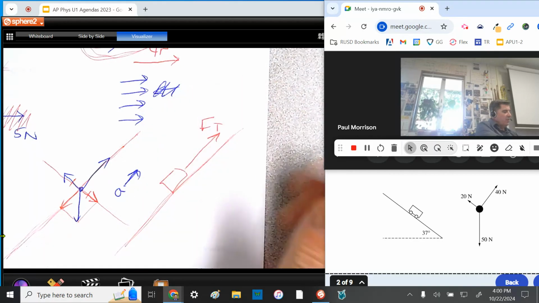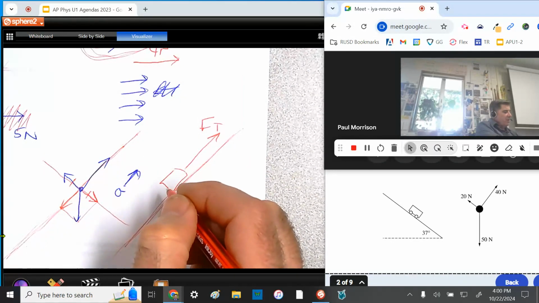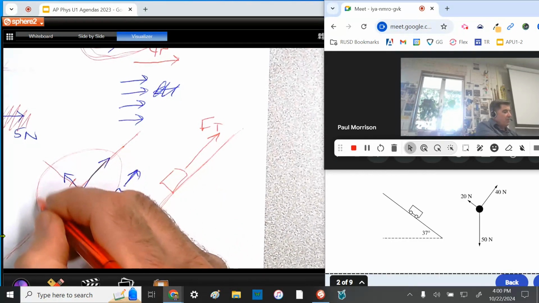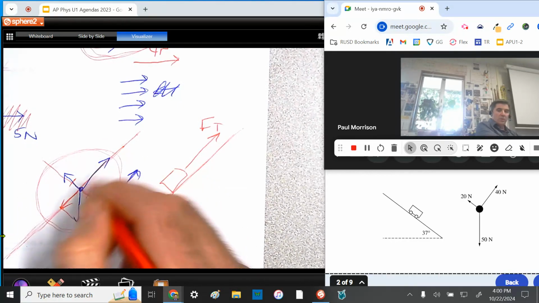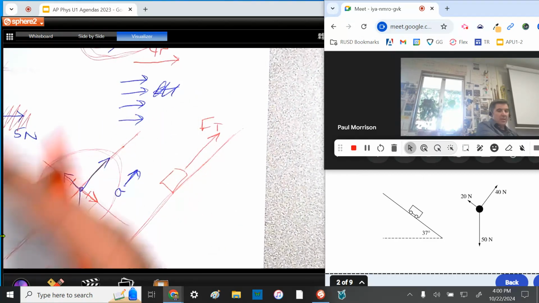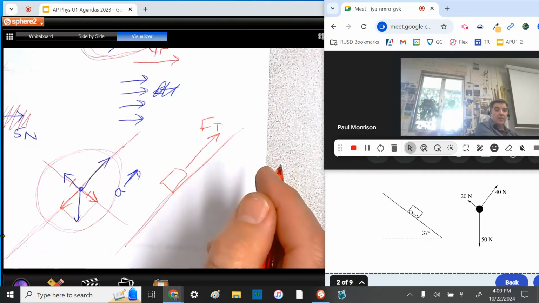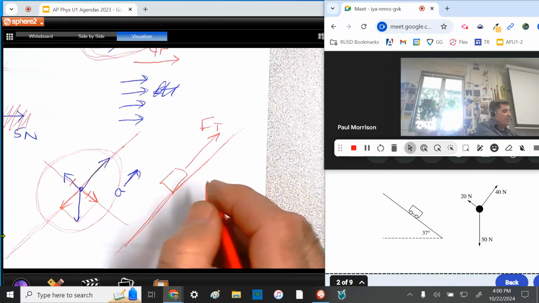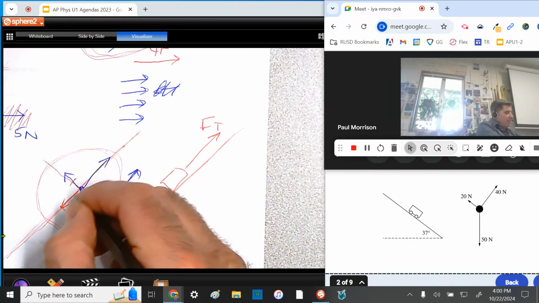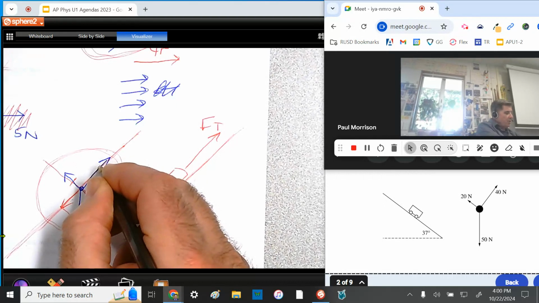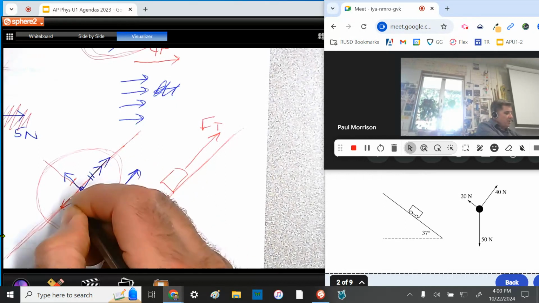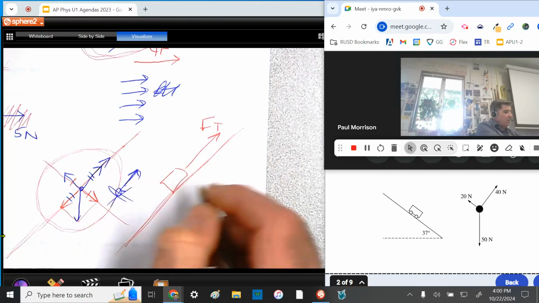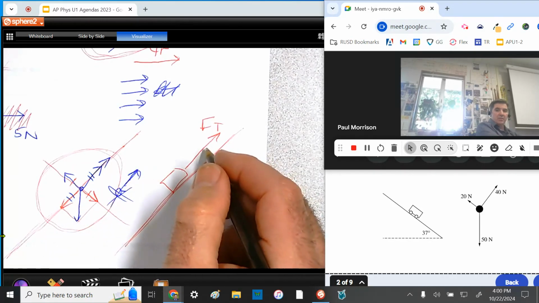So any way you look at it, Newton's law says that if any of these are bigger than the other, then the rule of vector addition says the object will accelerate in the direction that the force is winning. If I drew this to scale, maybe I would draw this one smaller, like this, and so now these would cancel, and you would have no acceleration at all. It would just be maybe sitting on the hill.